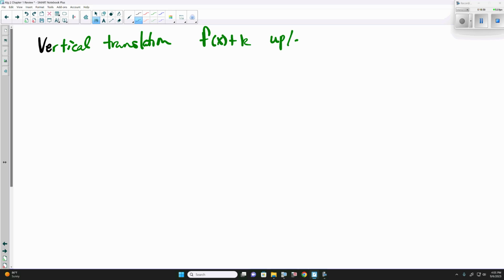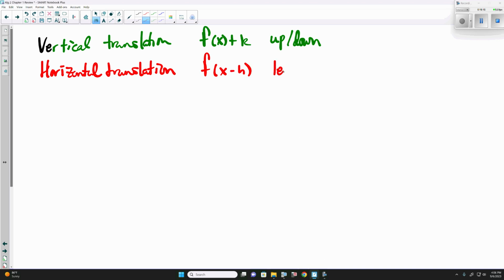This is our up or down. Our horizontal translation is our f of x minus h, which is our left slash right.